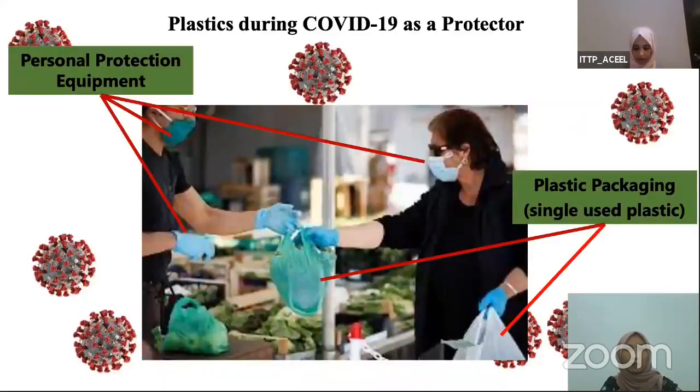Here, plastic during COVID acts as a protector. Healthcare workers use PPE alone or in combination, and each PPE has a specific use for infection protection. Gloves and gowns, for example, are worn as part of normal contact precautions when handling potentially infectious objects or contaminated surfaces.